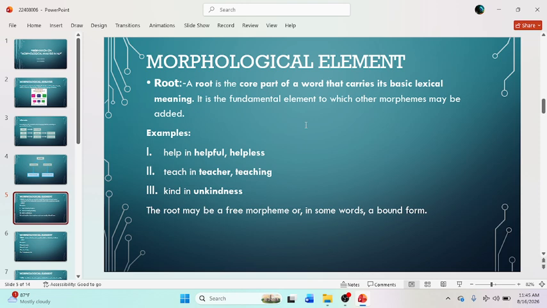For example, help is the root in helpful and helpless. Teach is the root in teacher and teaching, because teacher contains two parts, teach plus er. The word teaching is divided into two parts, teach plus ing. So teach is the core word. This core word is called the root.